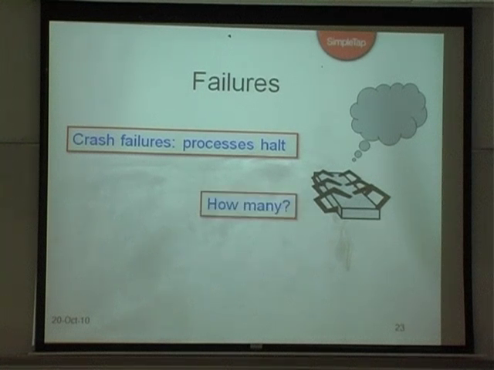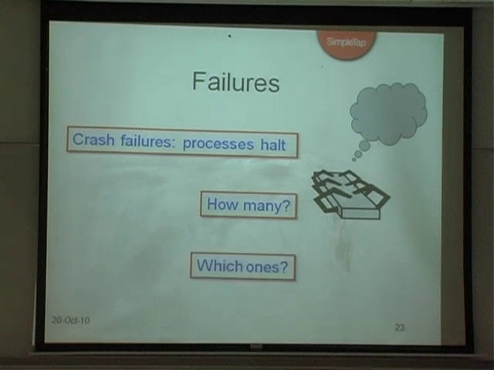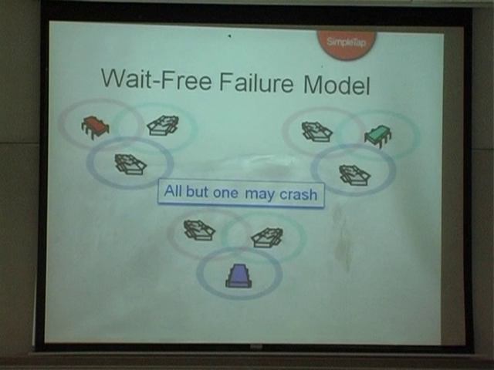One question is, how many processes can fail? Which processes can fail? For example, in what's called the wait-free model, all but one process can crash. We're not really interested in computations where everybody crashes because it's hard to do anything useful there. But suppose we want to tolerate failures by any number as long as there's still somebody left to do work.